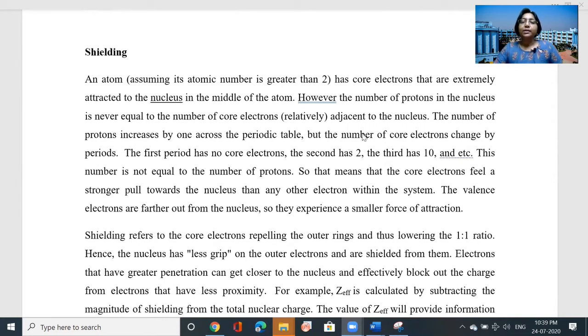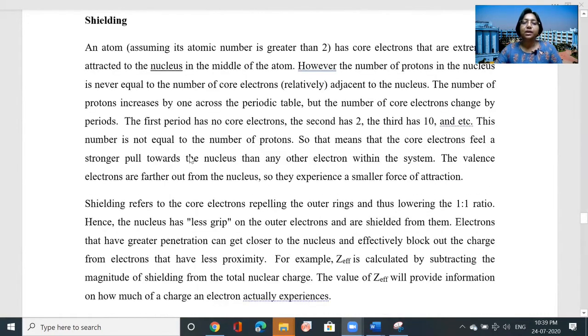Across the periodic table the number of protons increases by 1, but the number of core electrons changes by period. The first period has no core electrons, the second has 2, the third has 10, etc.